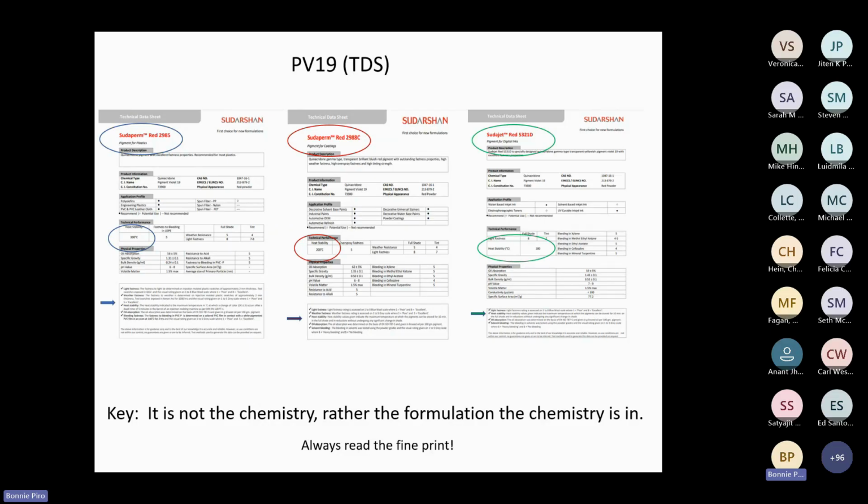They all have very, very different heat stability properties listed, primarily because the formulation that the heat stability test is done in is really the limiting factor for the heat stability, and not the pigment in here. So it's always good to read that fine print to make sure that you understand correctly that it does have that high heat stability. However, in the coatings and the ink formulations, the formulation itself is the limiting factor with respect to heat stability.